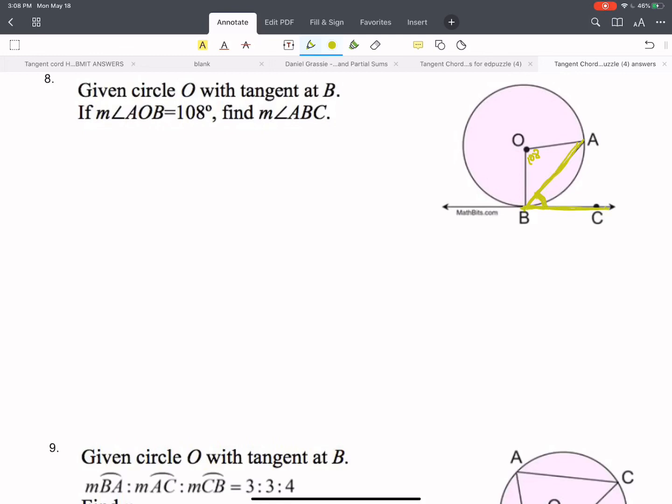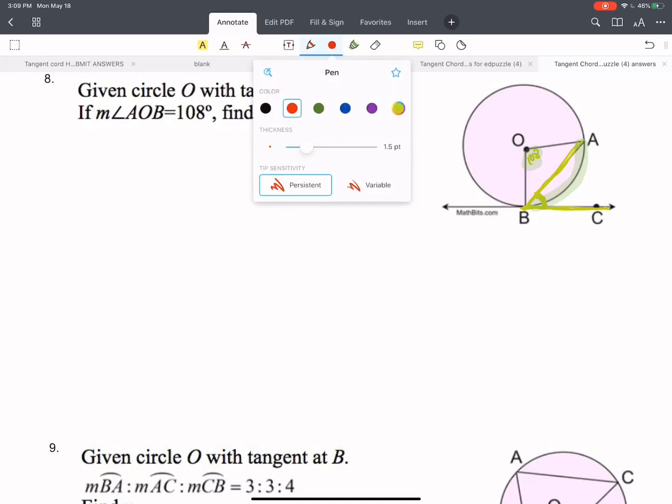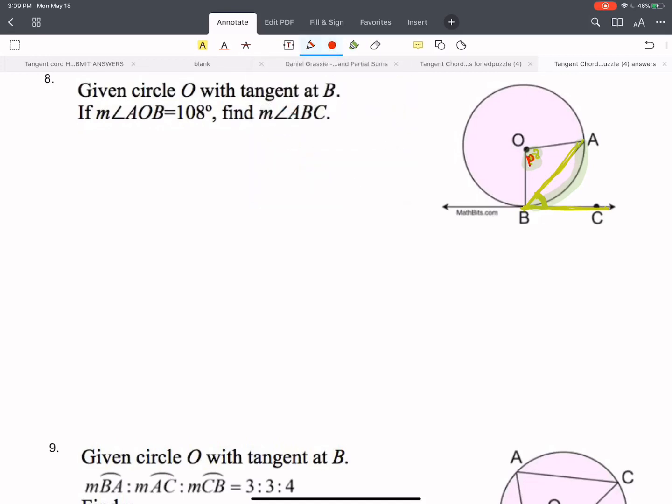Well, I can find that angle if I know what this arc is, because it's half of it. So now I go, okay, now I need to know that arc. They gave me this number here. So what relationship does this 108 angle have with this arc? That's right, it's a central angle, so they are equal.